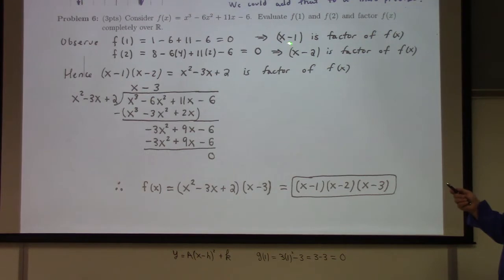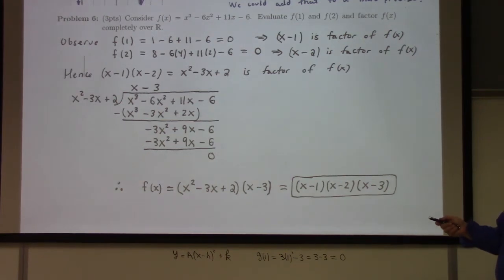Now what I intended was for you to get both of these as a factor, and then you multiply them, which gives you that factor, right? And then if we divide x squared minus 3x plus 2 into this cubic, then out pops x minus 3, right, when we do the long division.